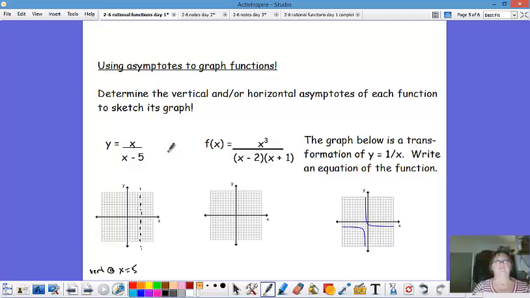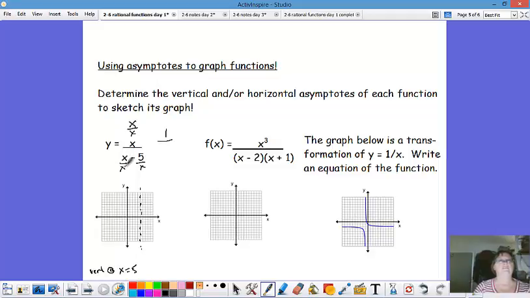We need to check for a horizontal asymptote because these degrees are equal. So I'm going to do my little scratch work out here. Divide each term by the highest power of x in the denominator. And I think you can see what's happening. On top, we're going to have 1 because x over x is 1.